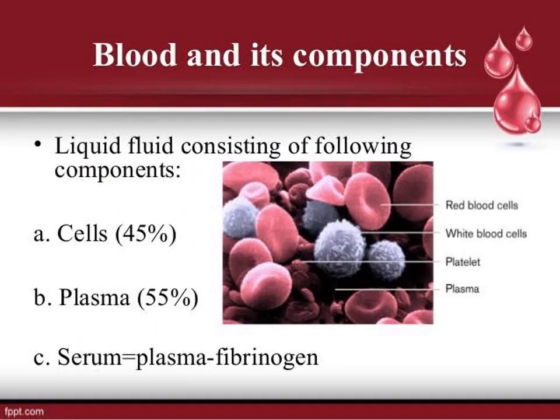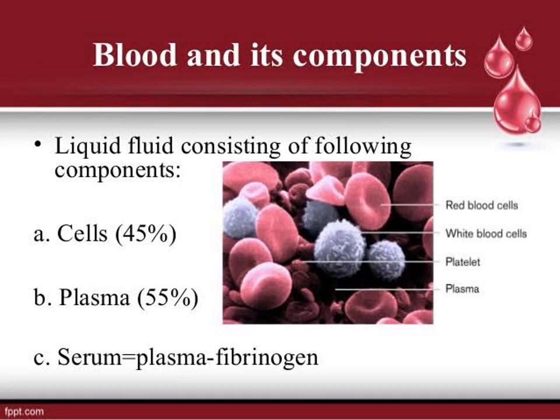Blood and its components. This is a specialized connective tissue. The cartilage, bone, blood. Okay. So the cells 45%, plasma 55%, serum, plasma, fibrinogen. This is important. Next, the red blood cell. Look at the picture. So red blood cells RBC and white blood cells WBC, and the third one platelets and fourth one plasma.